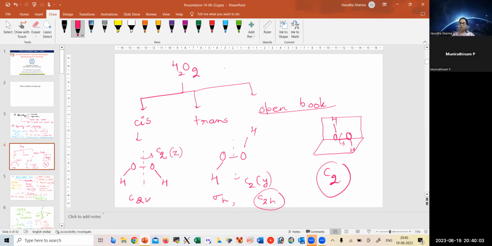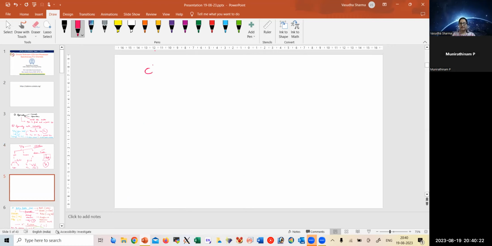So open book form, and this question actually came from the last assignment, where I asked whether this open book form of the H2O2 comes under chiral. Is it chiral or not? So we know that for chirality, the chiral point groups need to belong to Cn or Dn, right?